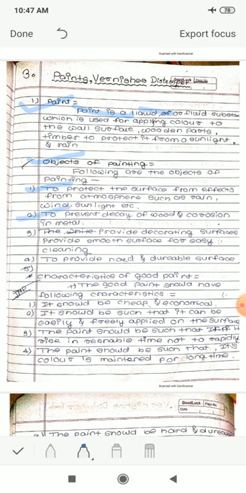If you apply the paint on a wooden surface such as a window or door, it will prevent the decay of the wood. It will also provide a smooth and decorative surface when you apply the paint on the wall surface of the building.